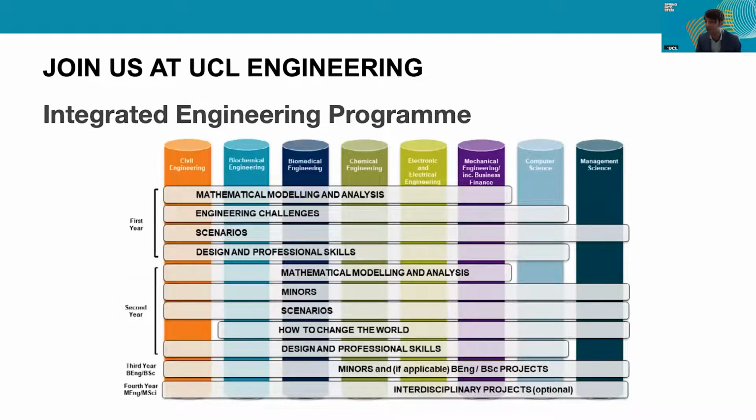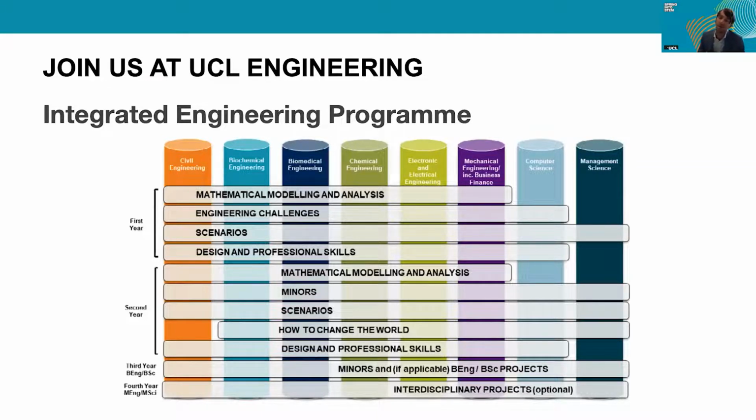We have this integrated engineering program at UCL, which means that we're not just educating different types of engineers in separate programs. We are making sure that all these engineering disciplines, civil engineering, biochemical engineering, biomedical engineering, chemical engineering, electronic engineering, mechanical engineering, computer science, and also management science, have joint, cross-cutting modules, which allow you to work in more interdisciplinary teams and understand what it takes to be efficient in a team.